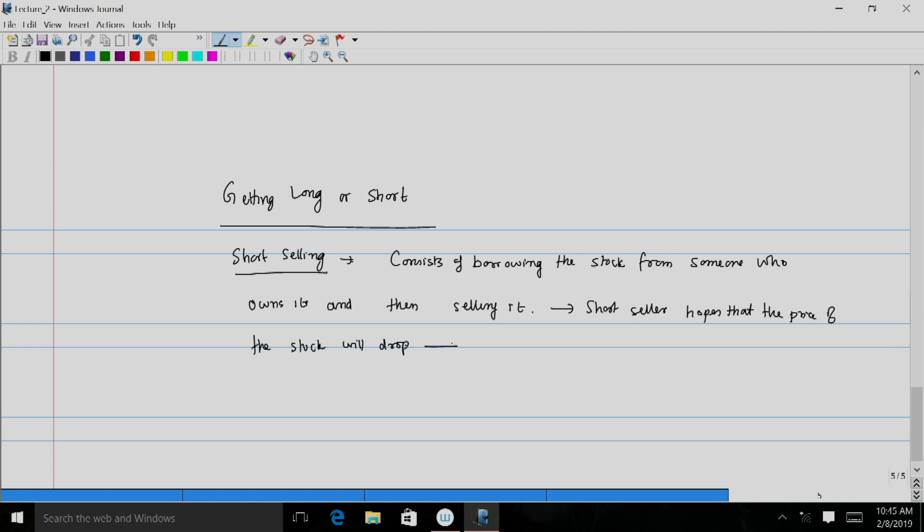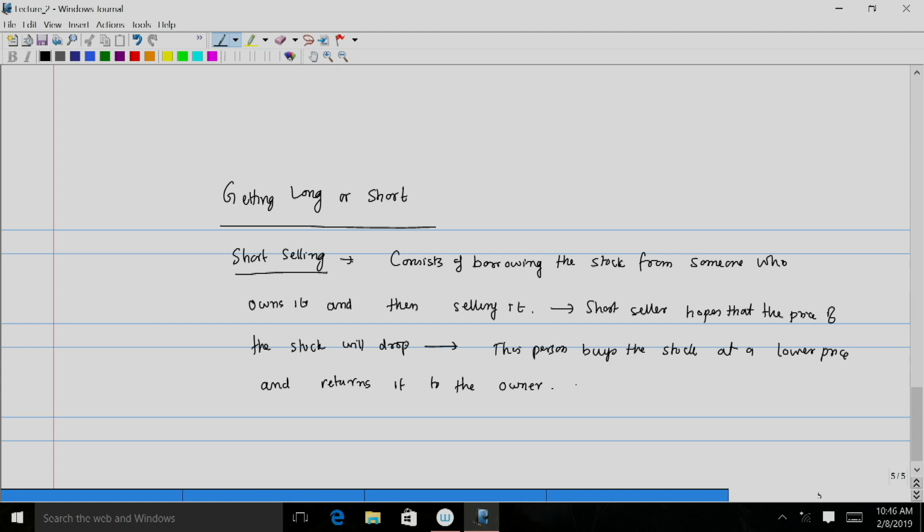And so, when this drop actually happens, this person buys the stock at a lower price and returns it to the owner, the person from whom he or she had actually borrowed the stock.